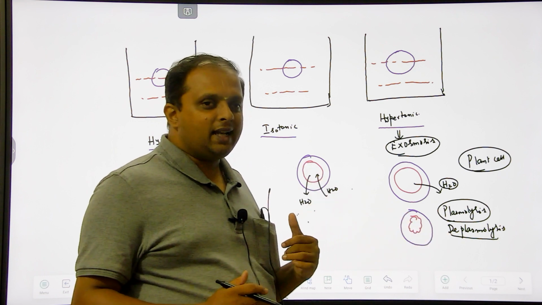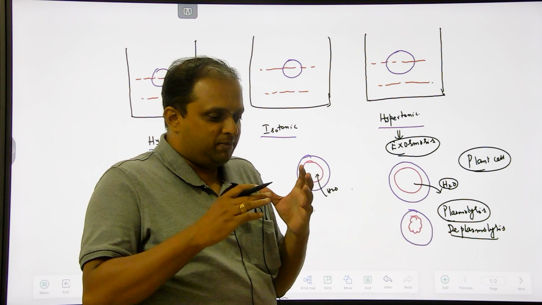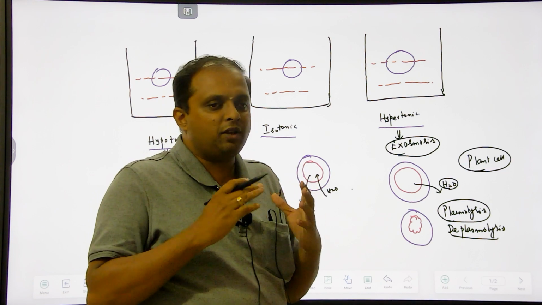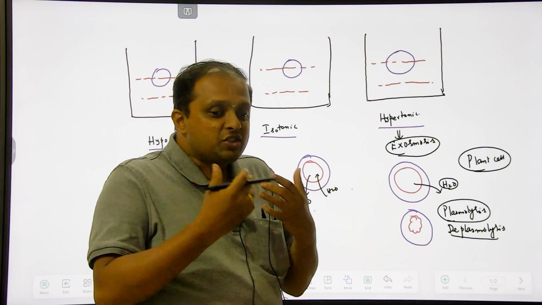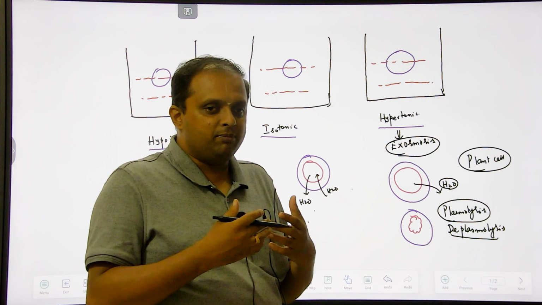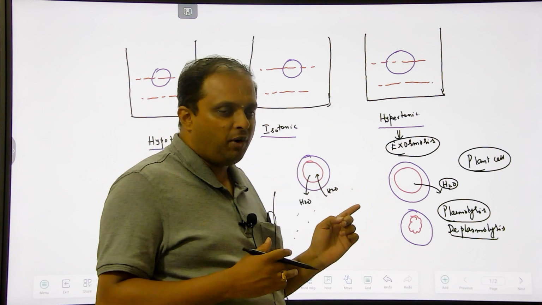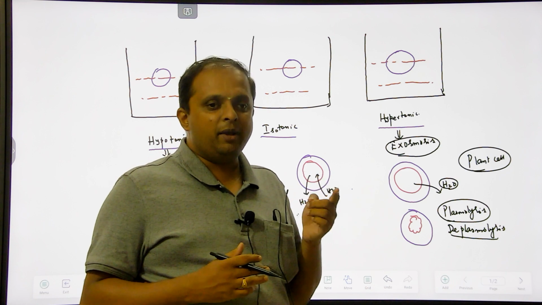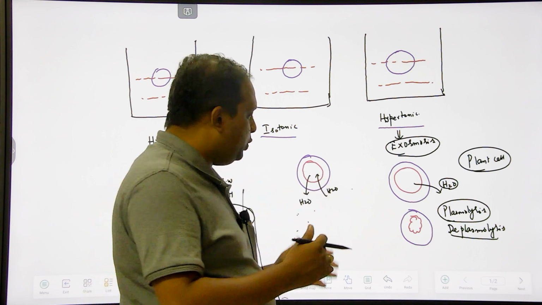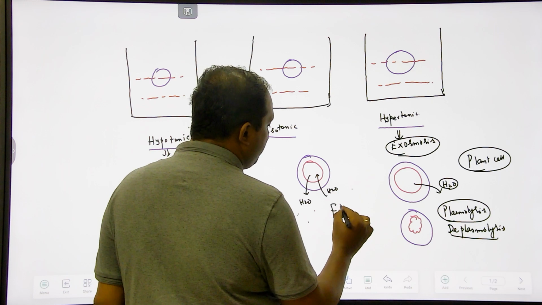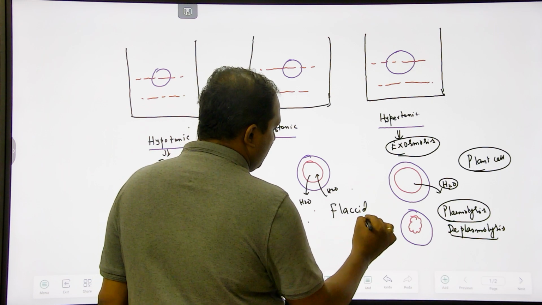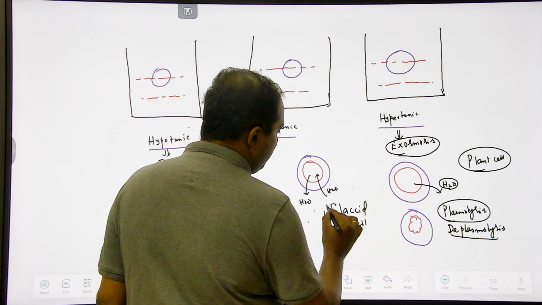Here the turgor pressure is not sufficient. The cell has only the normal amount of water, so no extra water for turgor pressure to develop. As we have seen, there is no plasmolysis due to loss of water, nor is the cell becoming turgid due to gain of water. So you call this cell a flaccid cell.